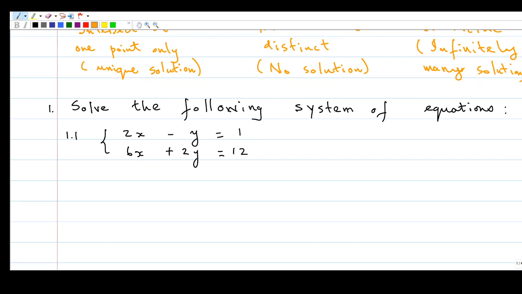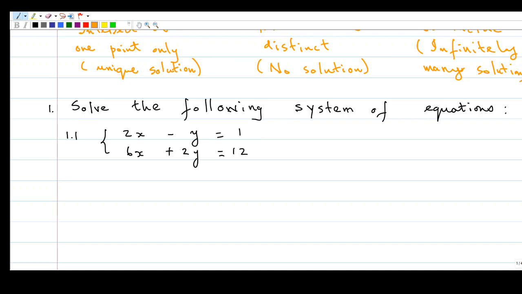Now, to solve simultaneous equations, you could make y the subject of each equation and then equate the y's. You'll get something in terms of x equal to something else in terms of x. You can find x and then go and find y, if possible.